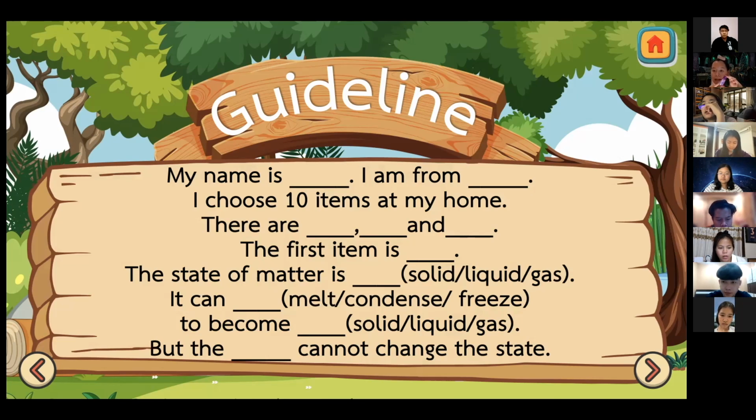The state of matter is solid. I think candy can melt. It can melt to become a liquid like this, and you have to speak about your 10 items from this guideline.